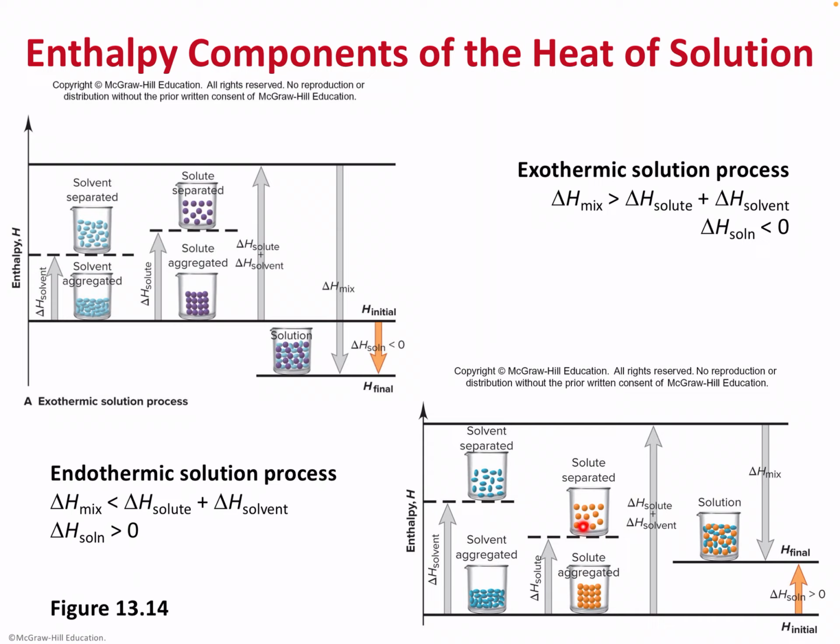Then in an endothermic solution process, once they mix, it doesn't release energy, it absorbs energy. So it will stop somewhere here in terms of energy, delta H final. So the delta H for the solution is going to be greater than 0, a positive value. This number minus this number will make it a positive value, which is for an endothermic solution process.